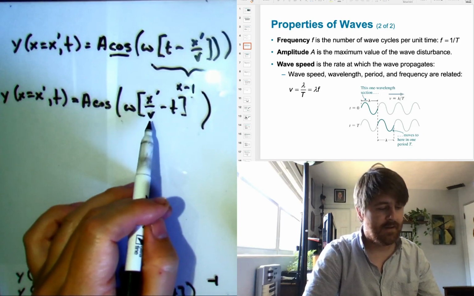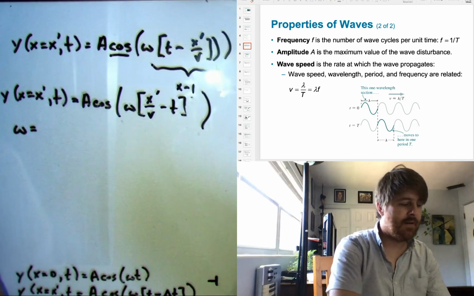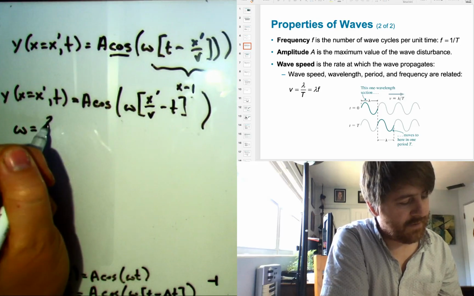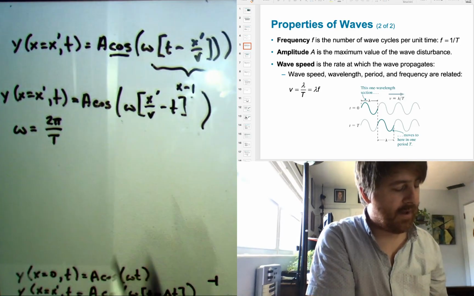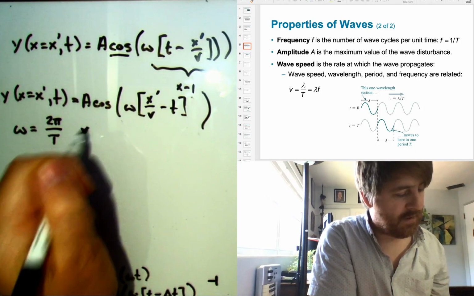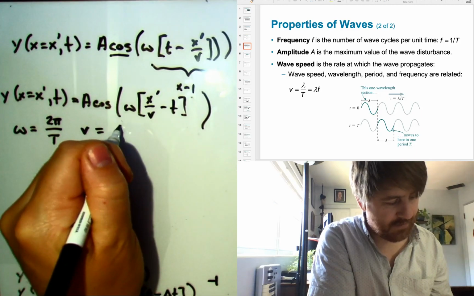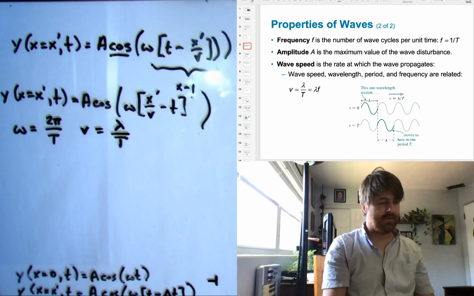Next thing is omega is 2 pi over T, and we have v is lambda divided by T. So let's plug those in.